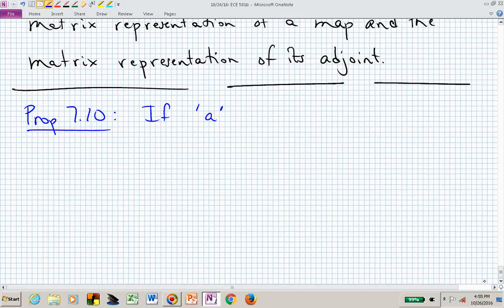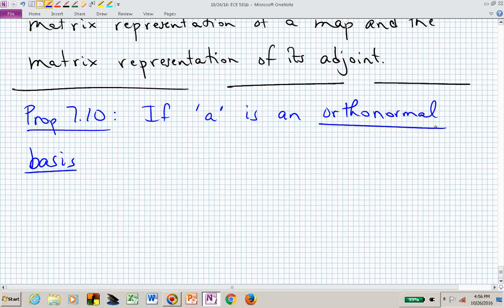Suppose that A, and this is sort of a collective A, this A includes all of the vectors in an orthonormal basis. I'm just going to say that's A. So if A is an orthonormal basis on an underlying vector space V, and one that would be very easy is just the standard basis. That's an orthonormal basis.